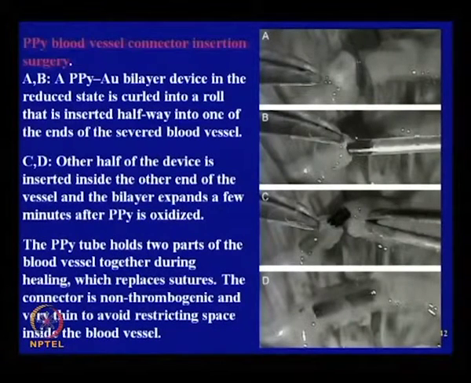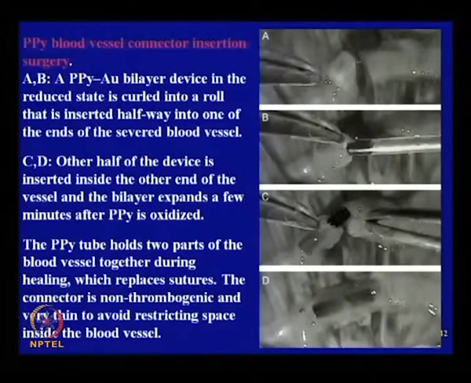Now, what they have developed? They have developed a connector made of conducting polymer. What is this? They made a polypyrrole gold bilayer device, polypyrrole over which gold film is there. So, in this bilayer device, in the reduced state it is curled. So, here the oxidation reduction phenomena is exploited.